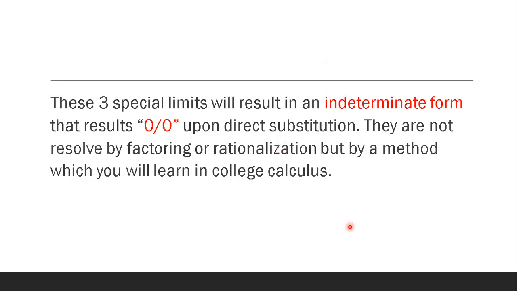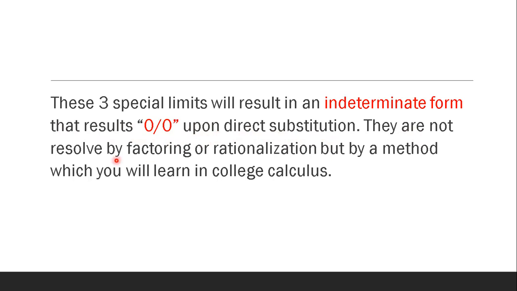Okay, we conclude that these three special limits will result in an indeterminate form, again, 0 over 0 upon direct substitution. So that's what I mentioned earlier. When I substitute the value of x to our denominator, that makes it 0.